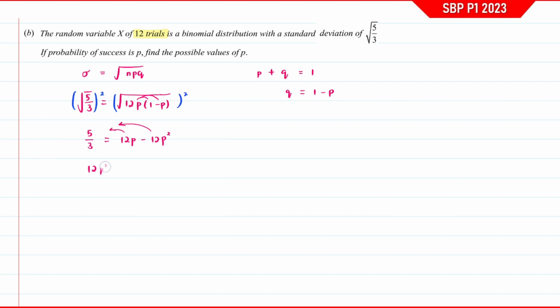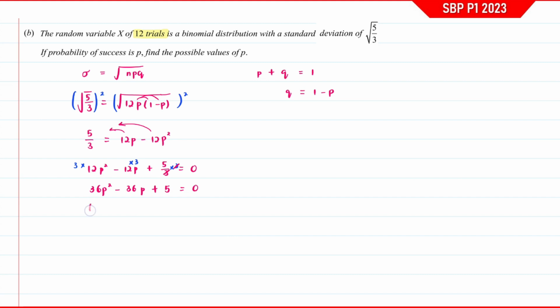So 12p squared minus 12p plus 5 over 3 is equal to 0. So here I'm going to multiply each term by 3 to get rid of the fractions. So here we're going to get 36p squared minus 36p plus, here will be just 5.